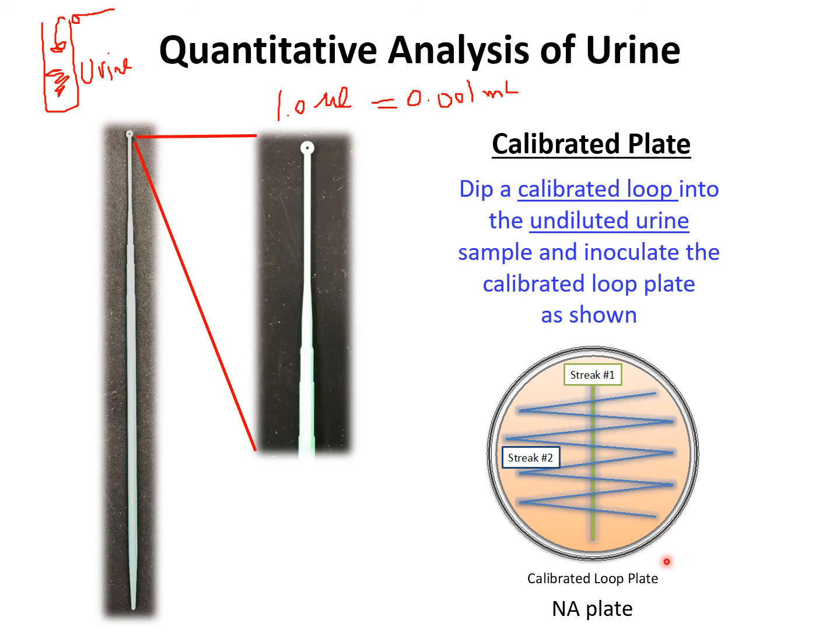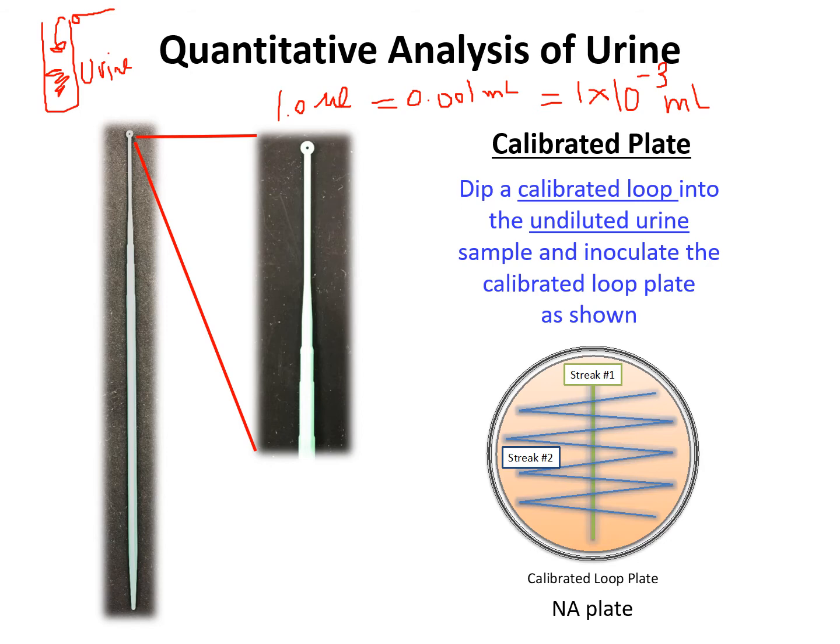Now, is there another way to write 0.001 mils? Yes, 1 times 10 to the negative 3 mils, right? So 1 times 10 to the negative 3 is the same thing as saying 0.001 mils.